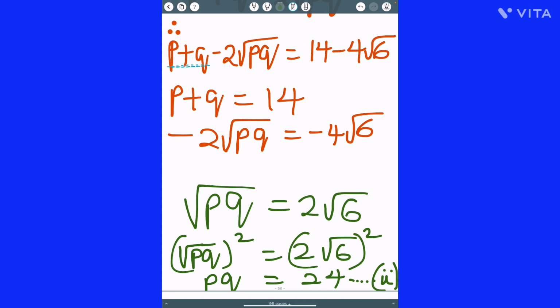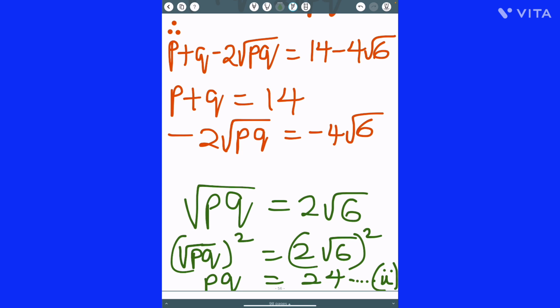This left side has a rational part and an irrational part. On the right hand side too, there's a rational part and an irrational part. So this rational part here is equal to the rational part here.